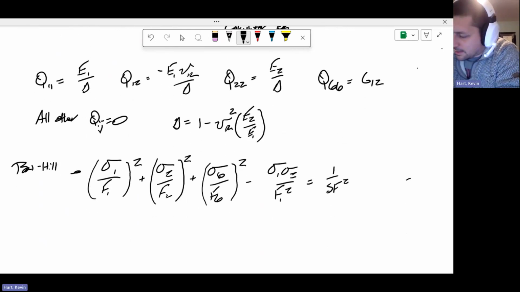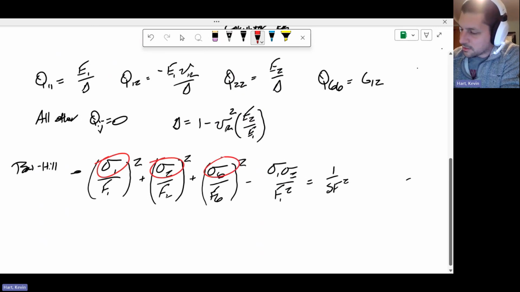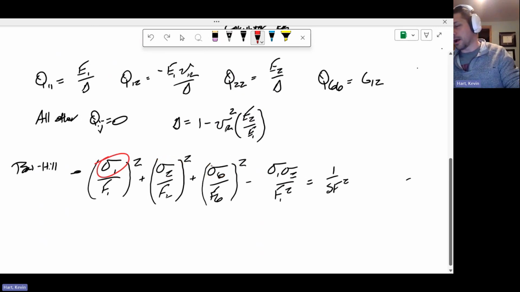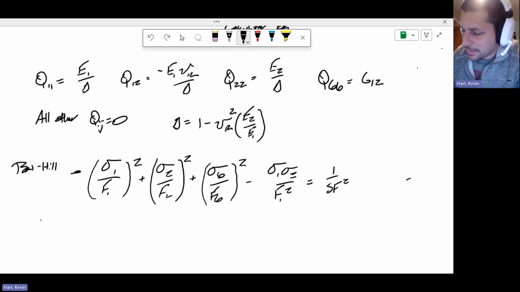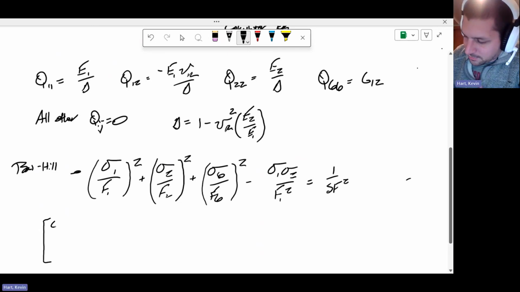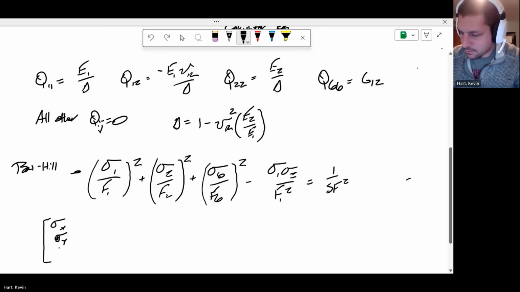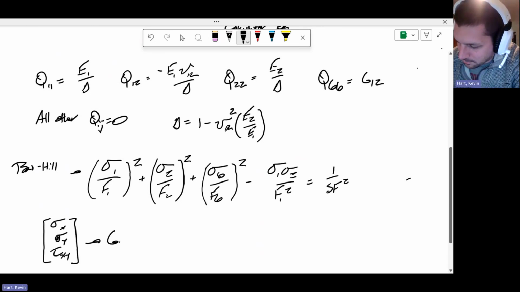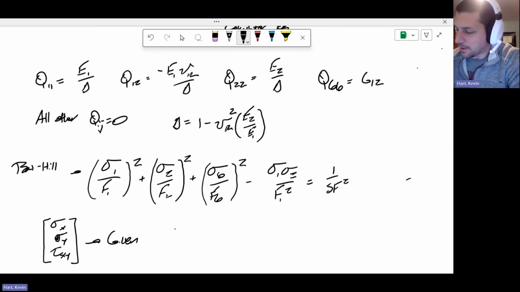So what we need to execute that portion of the problem is stresses in principal material directions. The problem gives us stresses in global coordinates. This is what was given in the problem. So we need to transform from global coordinates to material property coordinates.